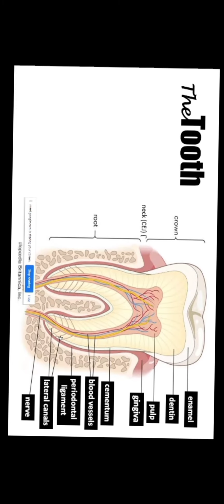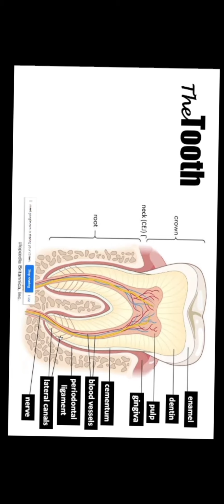Just to give you an example, the fibers connect bone to bone.